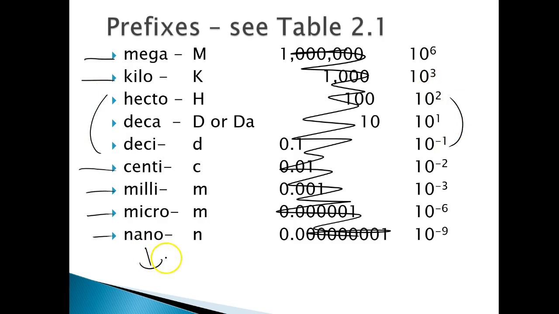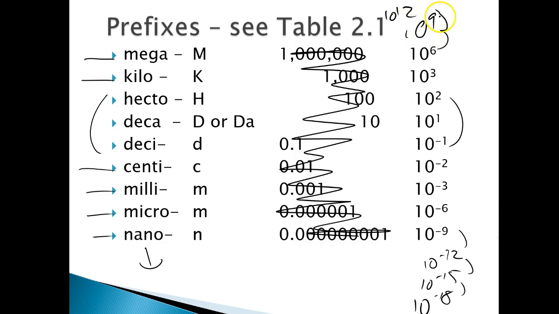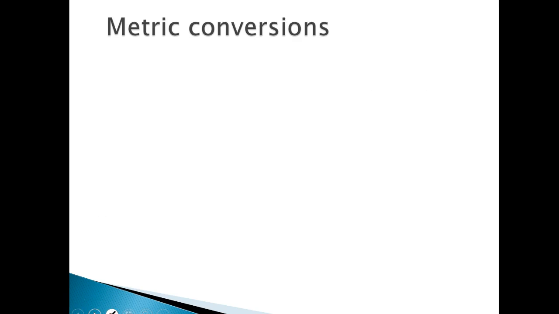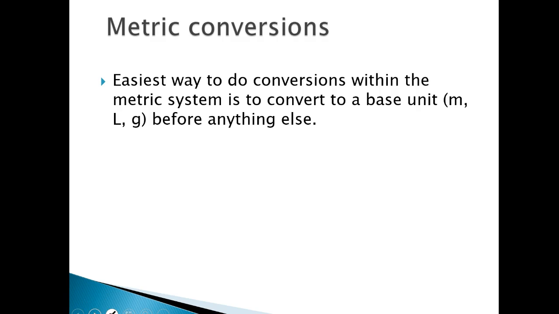And beyond here, it's all 10 to the negative 12, 10 to the negative 15, and 10 to the negative 18. It goes in multiples of a 1,000th. And same thing here, 10 to the 9th is a gig, 10 to the 12th is a tera, and again, it goes in multiples of 1,000. It's just right here in the middle, they go by smaller conversions.